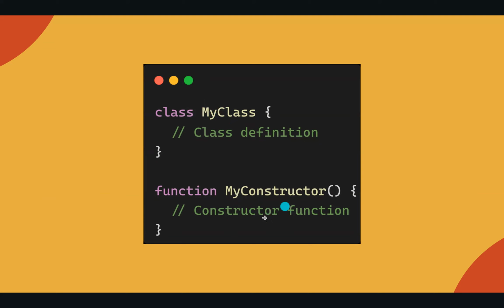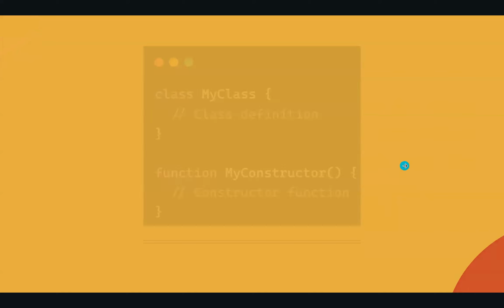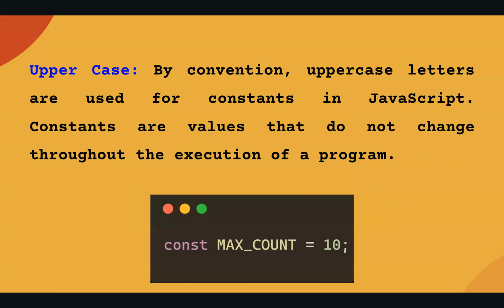And if it is a constructor, that also starts with a capital. If you have a MyConstructorFunction, something like that, the F is also a capital letter. However many words there are, each word starts with a capital letter. Normally we use this for classes and constructors. That is Pascal case.